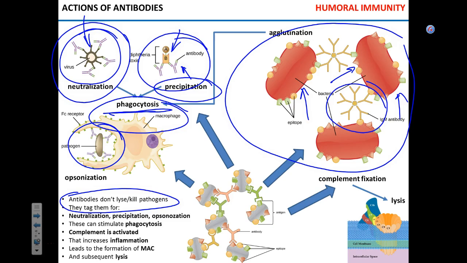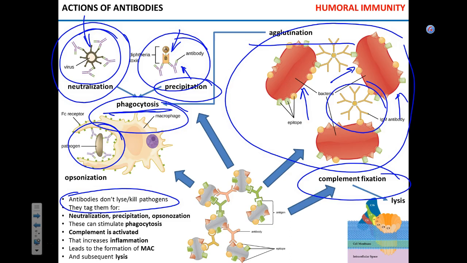Now, that clumping, that agglutination, first, prevents the spread, and second, makes these enormous chunks of agglutinated bacteria, again, more attractive for phagocytes. And as you remember, IgMs and IgGs can activate complement. And there you go. Complement activation leads to killing of bacterial cells.